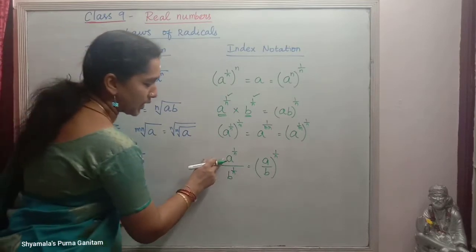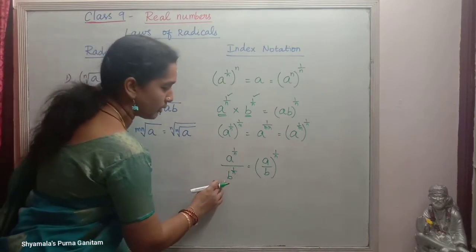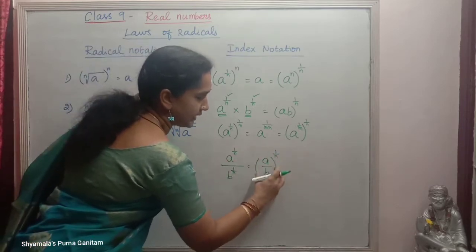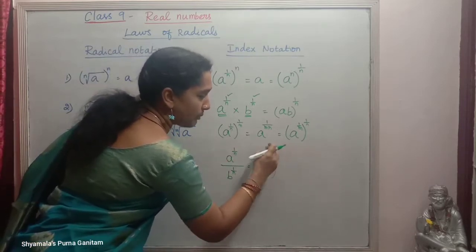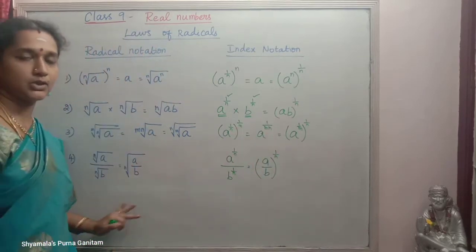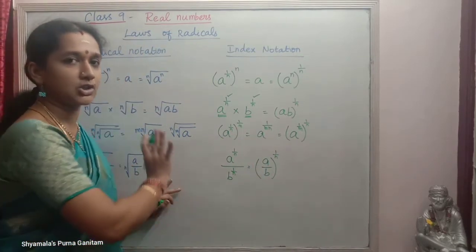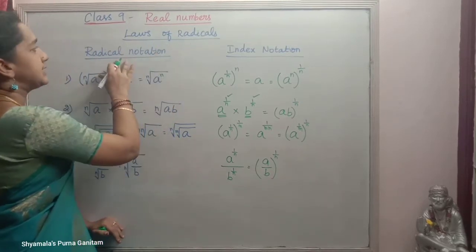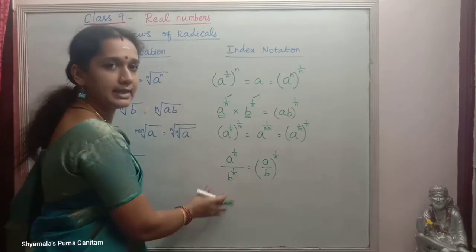So a power 1 by n in the numerator, denominator b power 1 by n. The power is same, so we can write that power common to both the terms. So a by b whole power 1 by n. This is in radical notation, this one is in index notation.